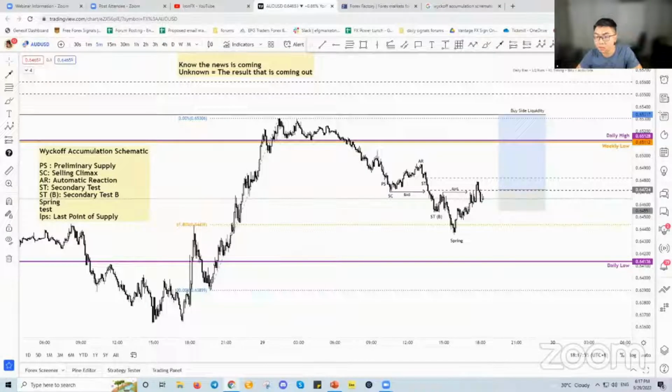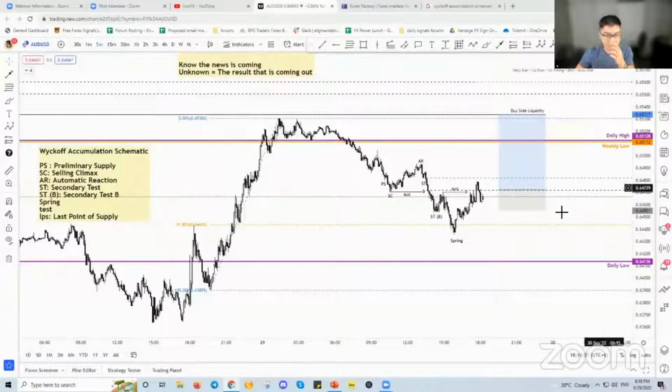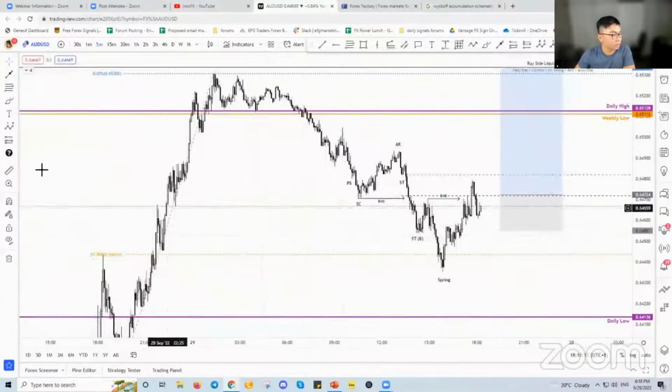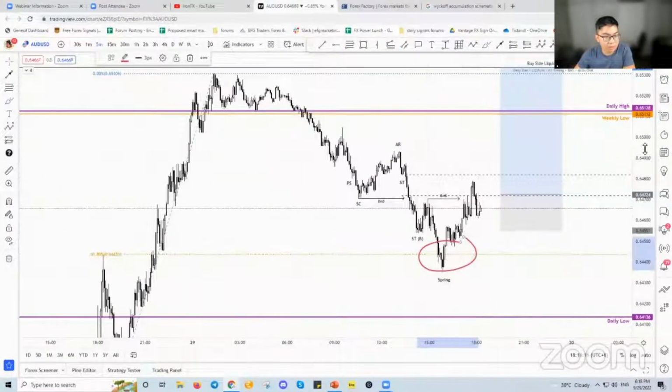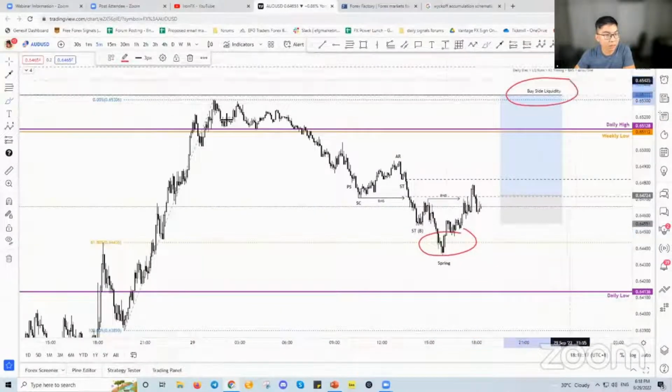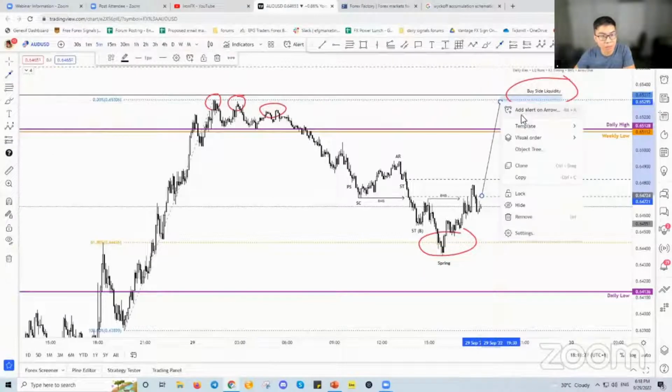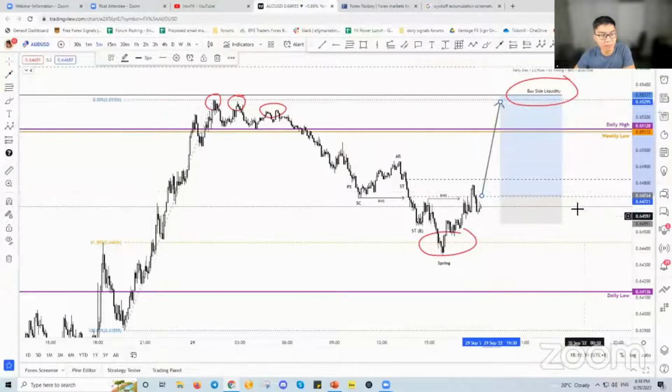It's normally the golden ratio. But I will type it out in chat, 61% Fibonacci golden ratio. Okay. So next, with Wyckoff accumulation and this area as a confluence, especially the buy side liquidity at the top, with multiple liquidity zones to be cleared, I'm looking for price to potentially come up and break to the upside.